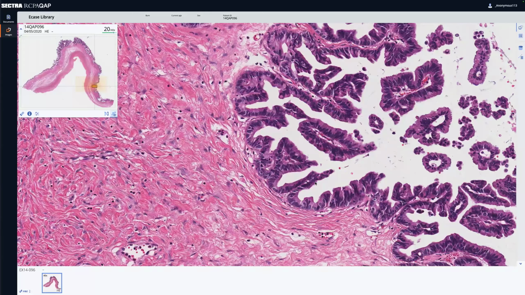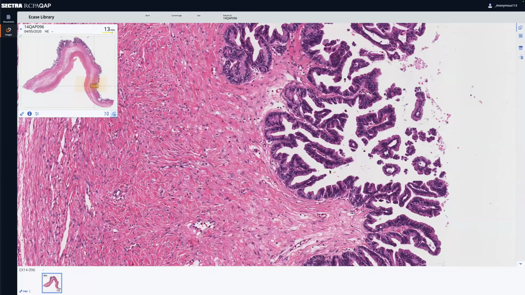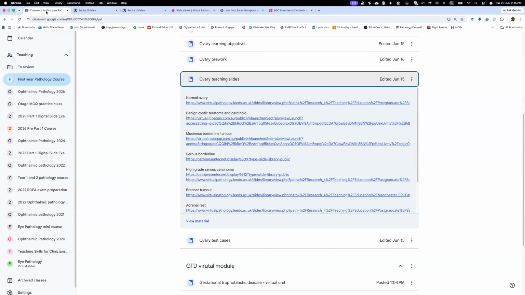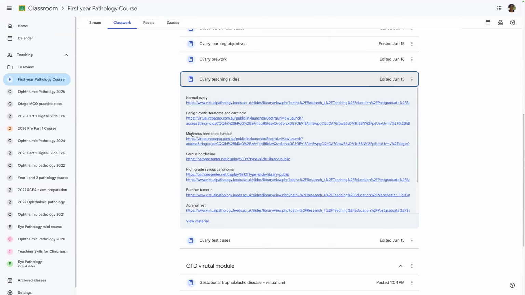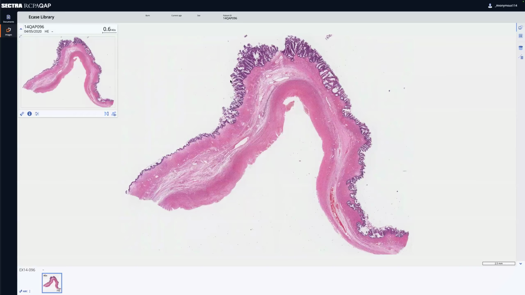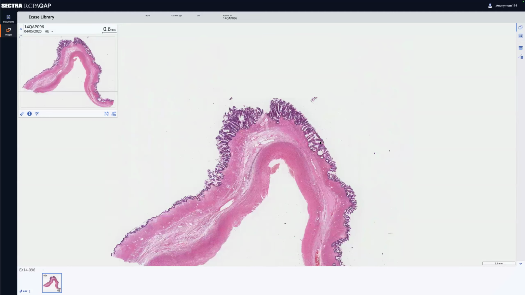Good thought, because I spent quite a lot of time on the uterus telling you that endometrioid cells are quite tall and thin. This one was meant to be a mucinous borderline tumor. And I'm beginning to think that I put the right one in.